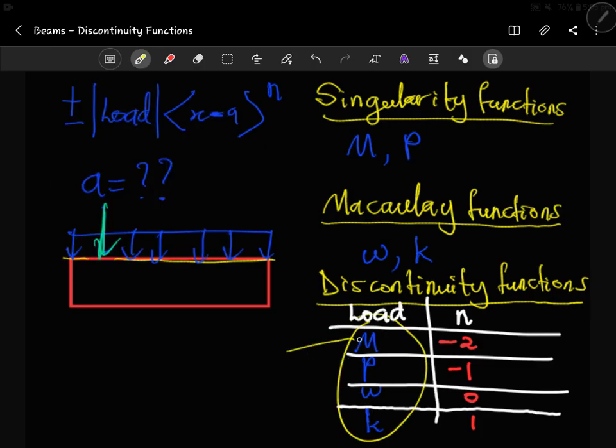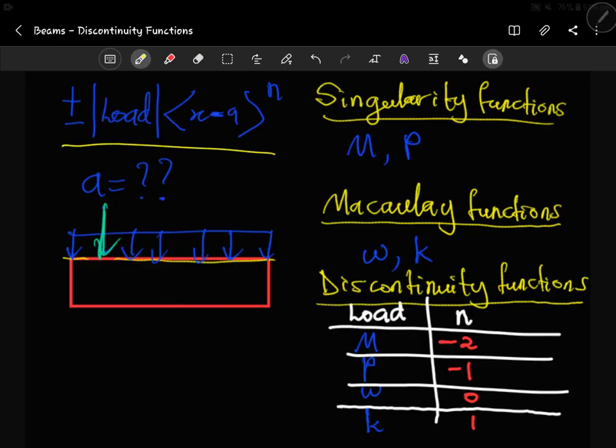Where we have a moment, a point load, a uniform distributed load, and a linear distributed load. These are the possible loads that we could have, and each and every one of them has a way of representing it. So we look at that.